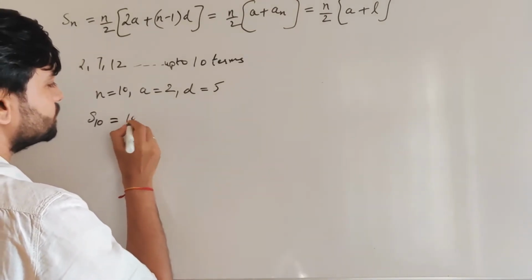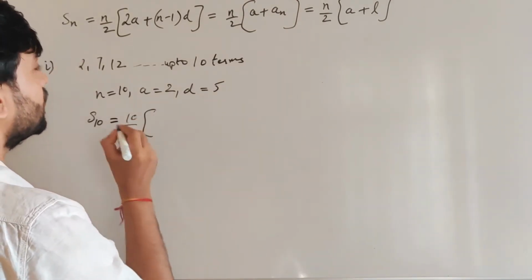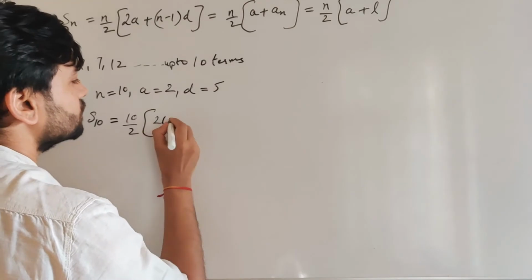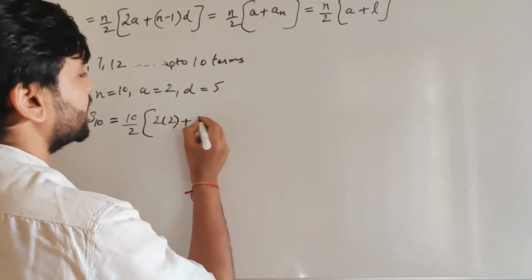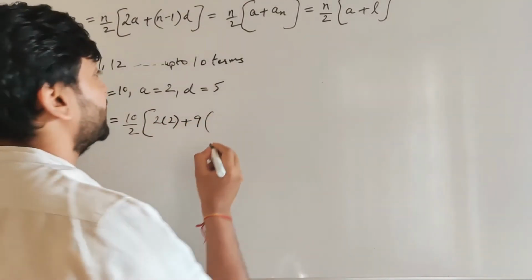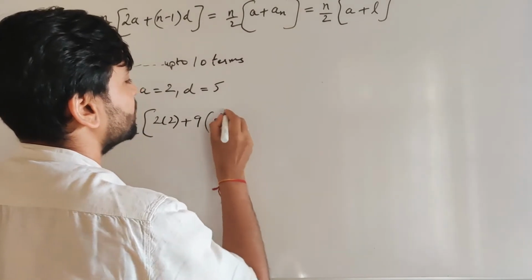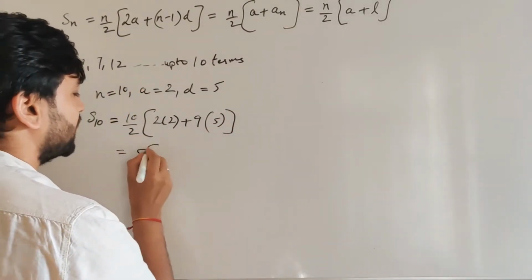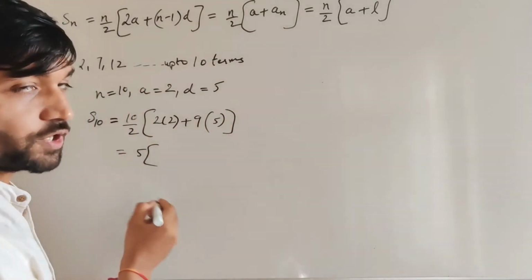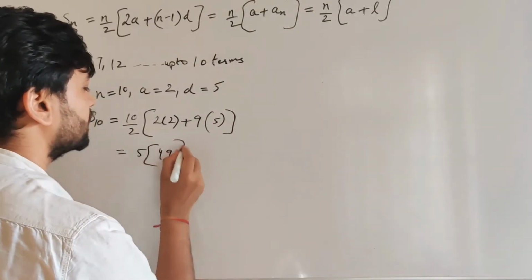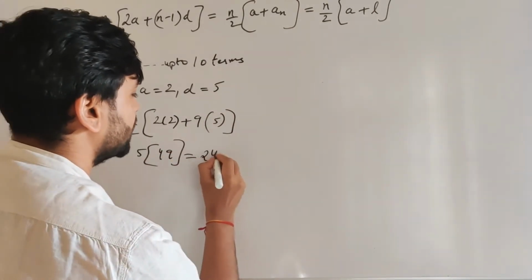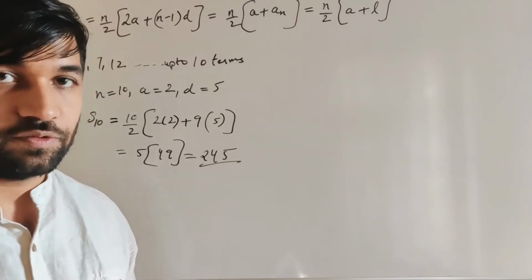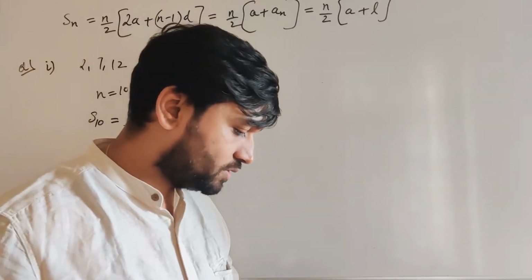So 10 by 2, into 2a, so 2 into 2, plus n minus 1, so 10 minus 1, into the common difference 5. We simplify: 5 into 4 plus 45 gives you 49. So 5 into 49 gives you 245. That's the answer for the first part.